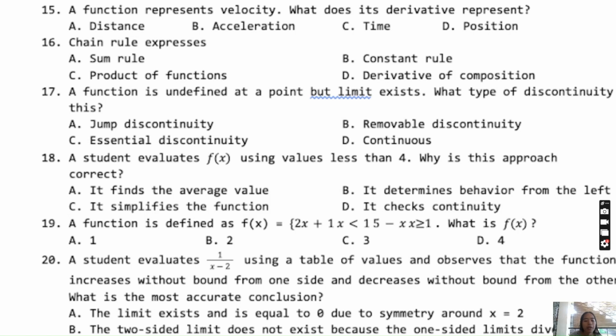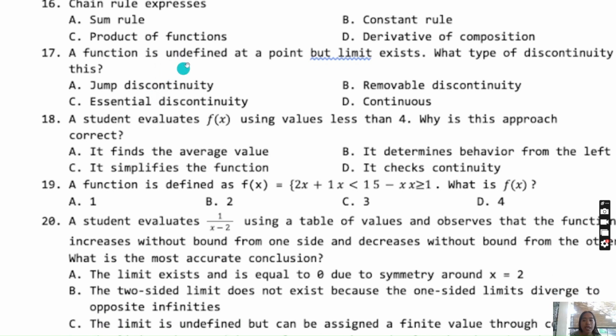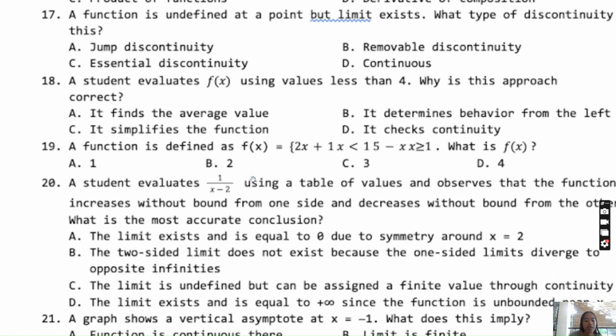And now we are in number 16. Chain rule expresses letter D, the derivative of composition, because the chain rule is used when a function is inside another function, and it helps us differentiate the composite function. And we are now in number 17.